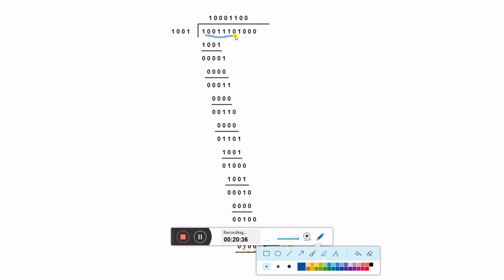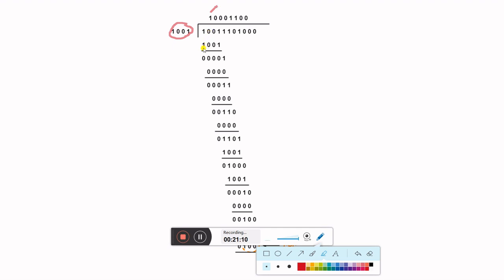This is the data, and after that 3 bits are added as redundant bits, and this is the generator polynomial. Okay, now the division.